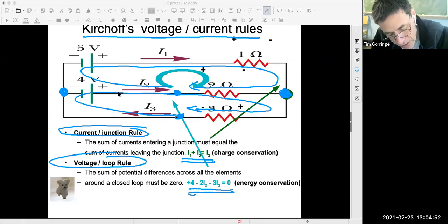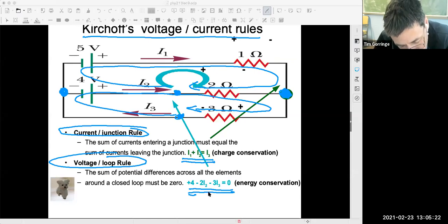Then I continue walking across this central path here. And as I walk across here, well, I'm walking through a wire, nothing's changing in potential there, but then I meet the resistor. And when you walk through the resistor, right, there's a potential across the resistor. And so I have a change in potential when I stroll across the resistor that by Ohm's law is the resistance of the resistor times the current in the circuit.